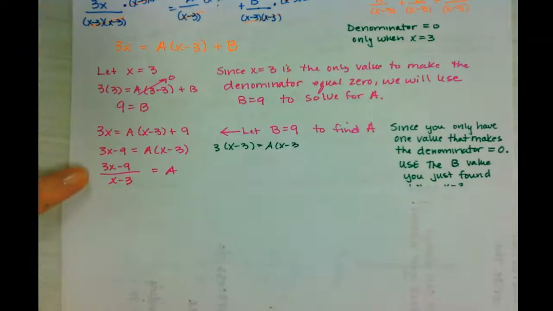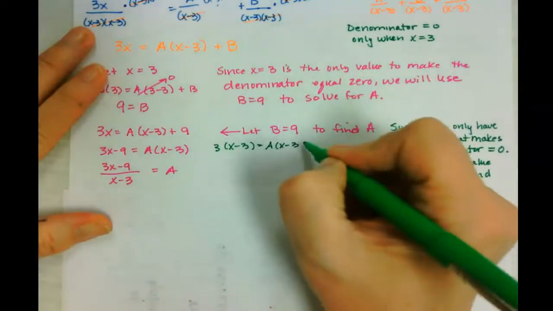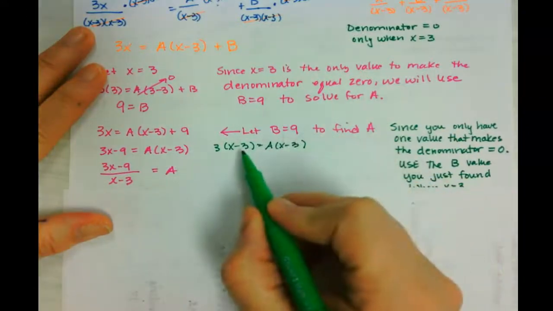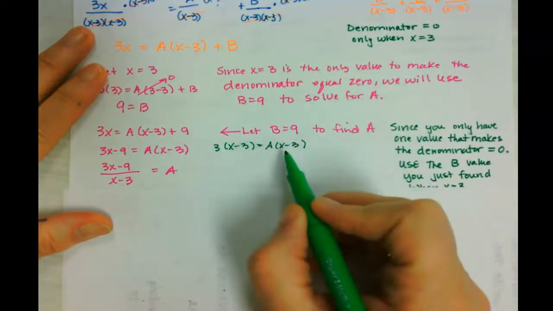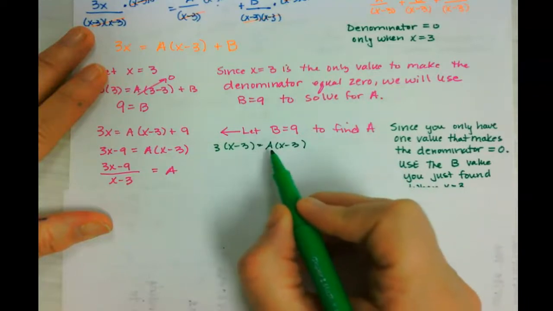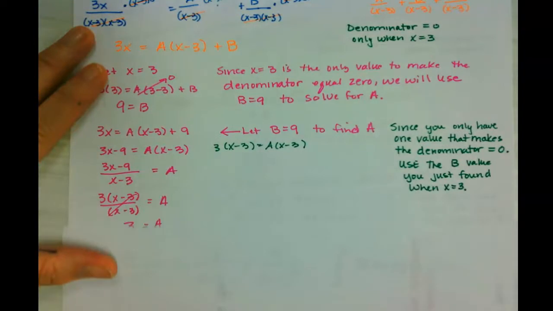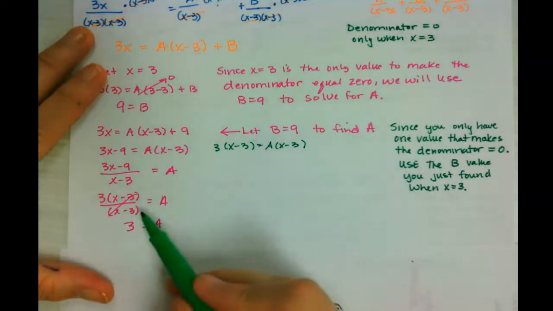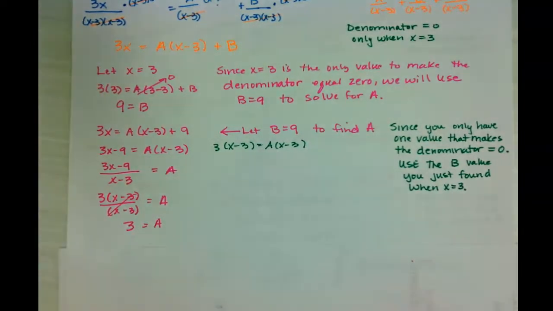So some people go straight to here and then they're like, oh, I'm not sure how I'm going to simplify that. But you don't really have to, right? Because if this is an x minus 3 here and this is an x minus 3 here, that property of equality says that A would have to be equal to 3. And so that's where we factor that back out and we plug it back in.